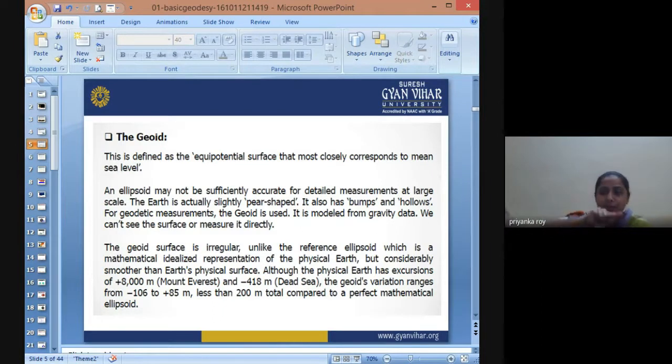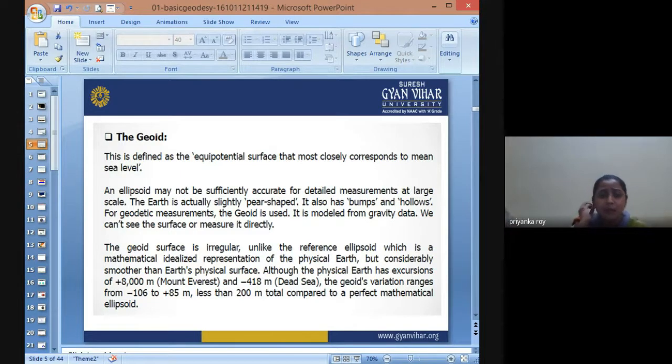It will try to make a smoother pattern. An ellipsoid may not be sufficiently accurate for detailed measurement at a large scale, because the Earth's surface is very irregular in shape, more in the shape of a pear, with bumps and hollows in it.